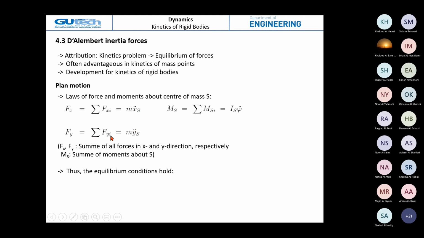The same principle in y direction, and also in z direction if it's a three-dimensional case. And here we additionally add, which is different from the particle. For the particle, we have only translation, but for the rigid body, we have what we call the rotation, and this is why we have to add this third equation for the rigid body.